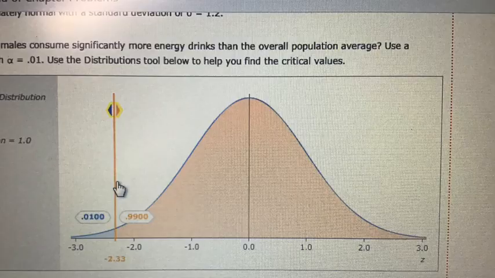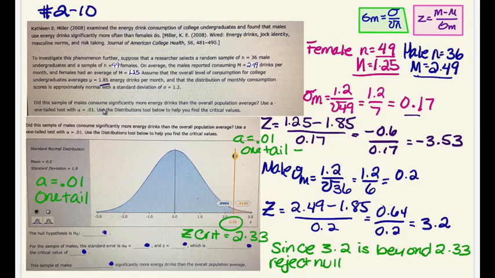So our critical Z is going to be negative 2.33, and our female Z is negative 3.53, which is well beyond negative 2.33. So we're also going to reject that null because they drank significantly less than average.